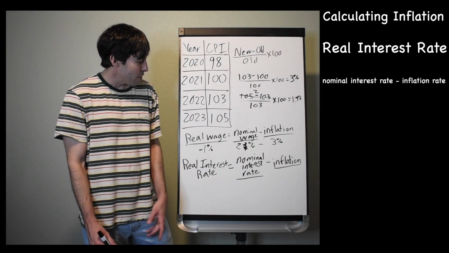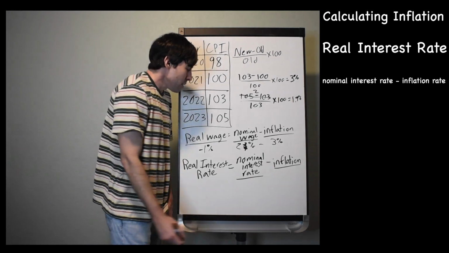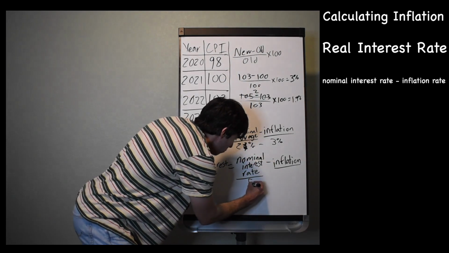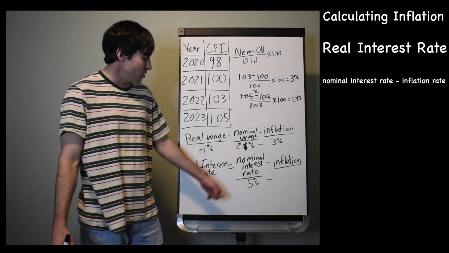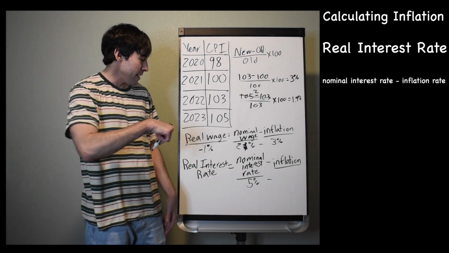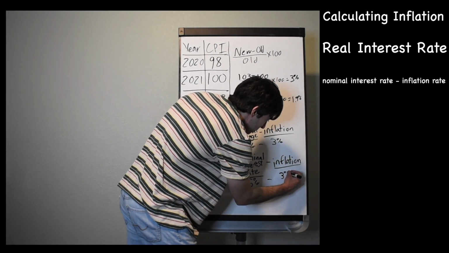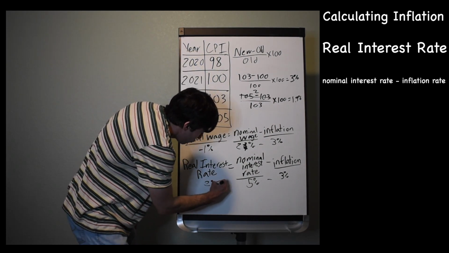We can also look at how it affects our real interest rate and what we're actually paying back on a loan. So let's say I walked into a bank in 2021 and they told me that I was going to pay 5% interest. That's my nominal interest rate. What I'm paying back based on how much a dollar is worth the day I'm taking out the loan. With an inflation rate of 3%, I would have ended up paying a real interest rate of 2%.